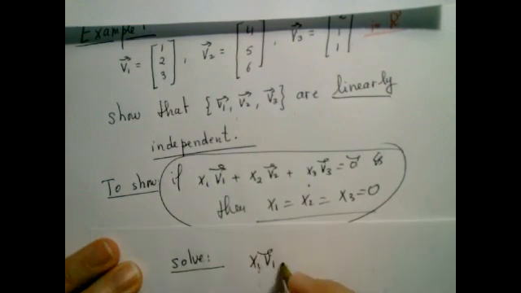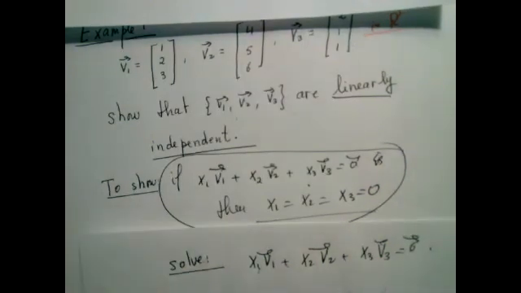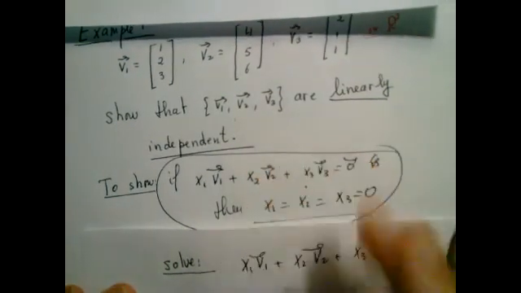x1 v1 plus x2 v2 plus x3 v3 equal to 0. Now we do exactly what we've done before.